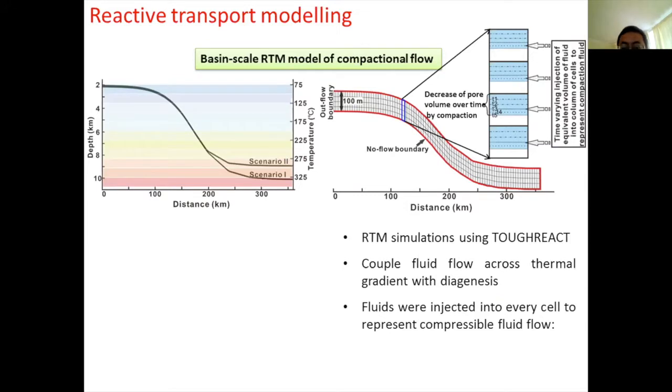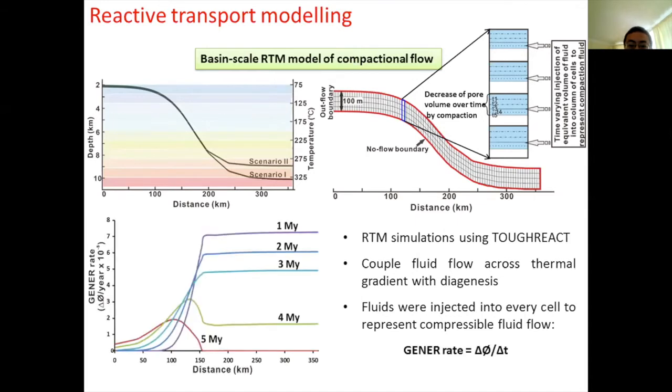So we inject fluid into every cell to represent the compaction fluid caused by the porosity decrease.